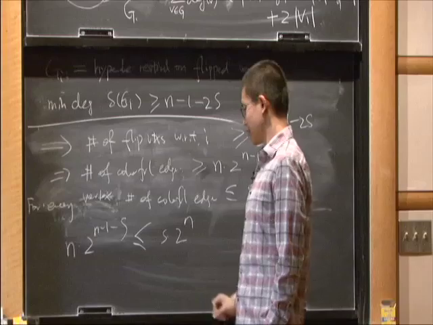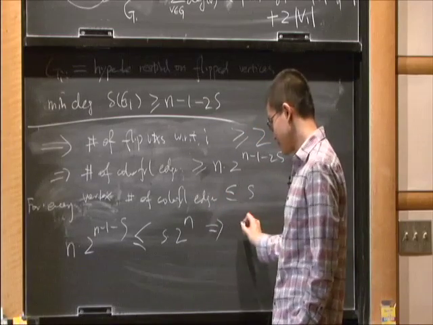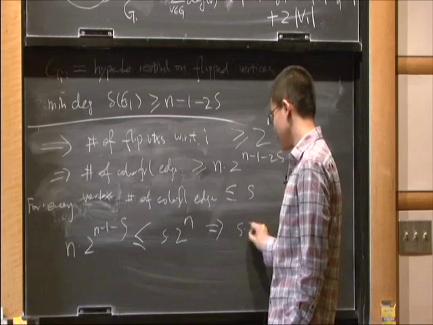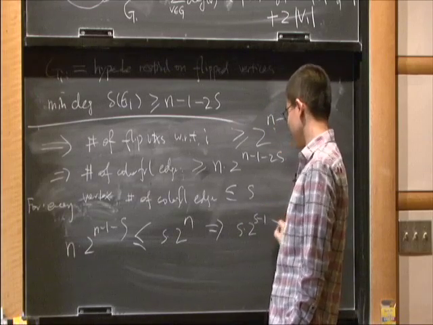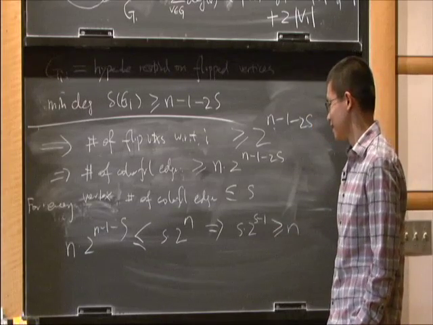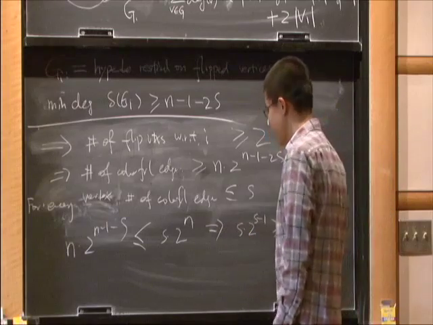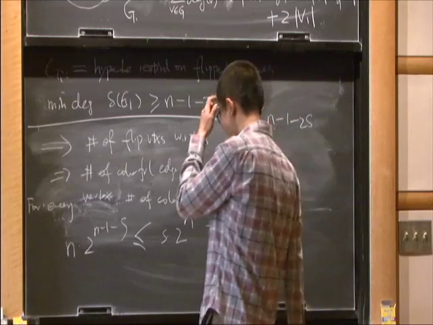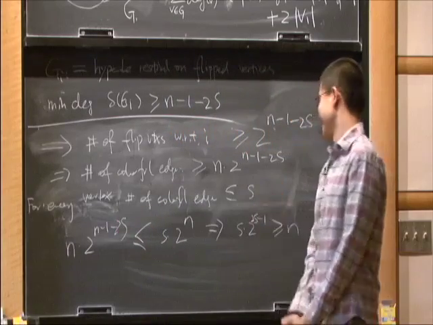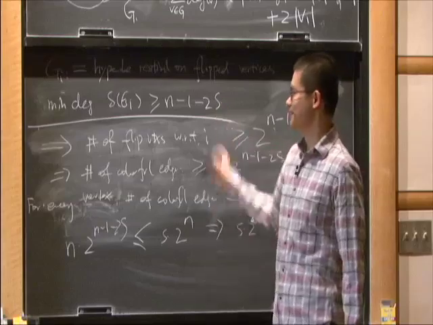So this gives you s times 2 to the s minus 1 greater, something like that. Actually, I think I missed a half somewhere. It's a good question. You have 2s in the exponent. Thanks. Right, because of the degree. Yep, it's 2s here.